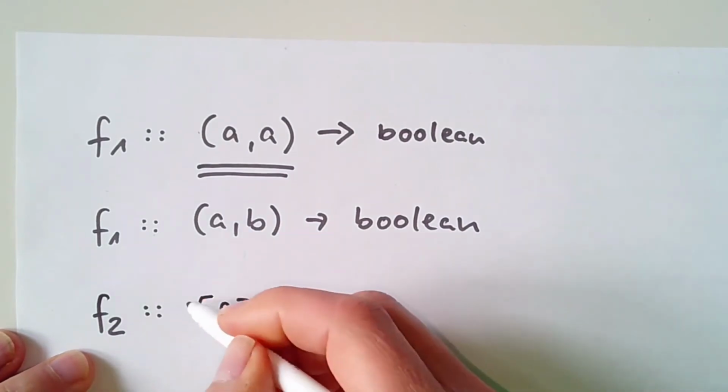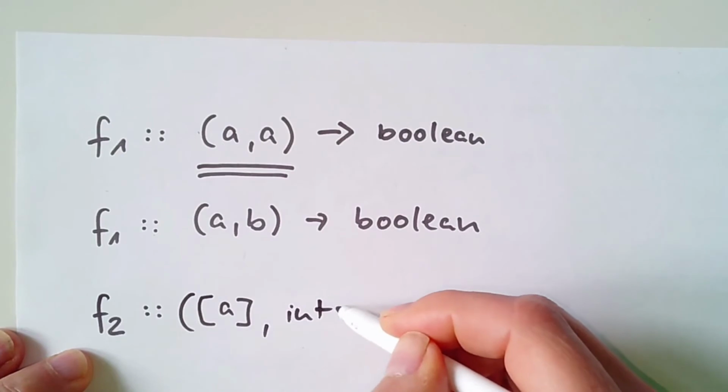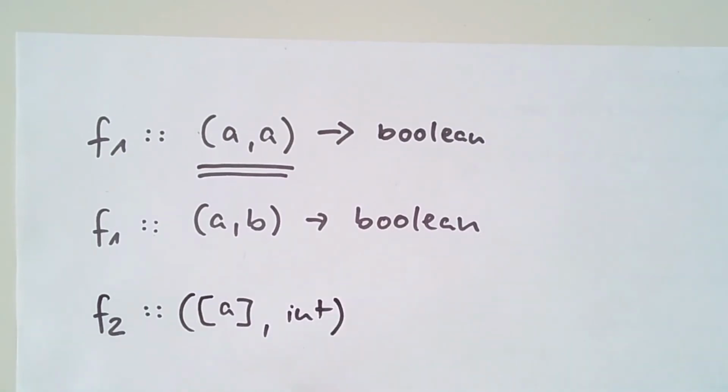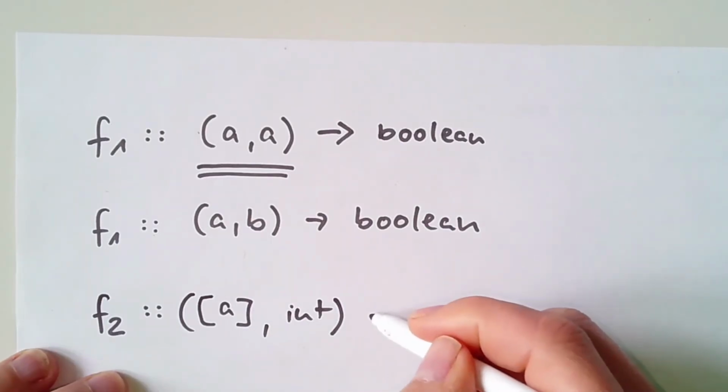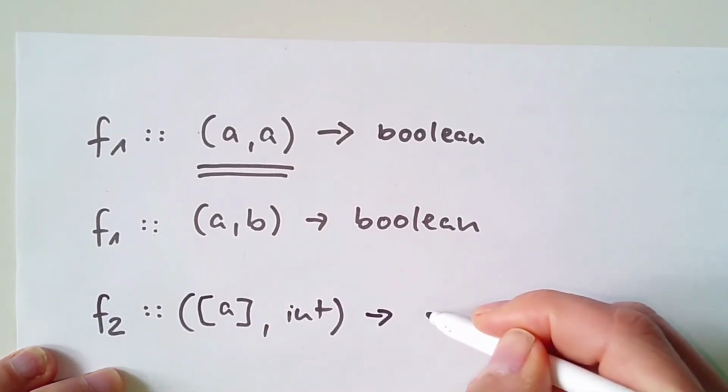Okay. It also accepts an integer. As you can see, I'm using tuple notation here. There's no currying in PostgreSQL. We have to consume both arguments at once. And what we would return is not some arbitrary type B or whatever.